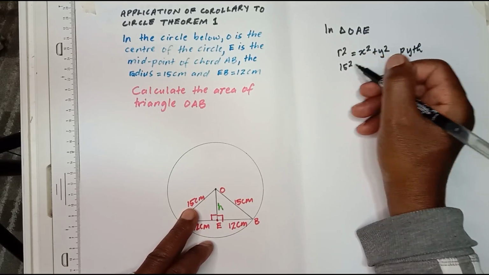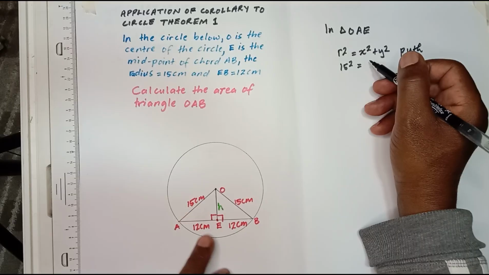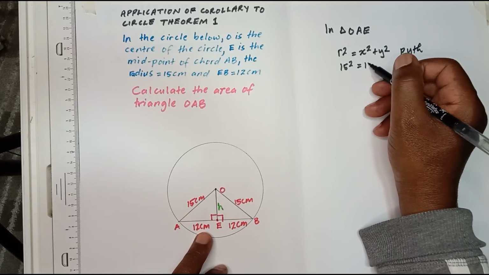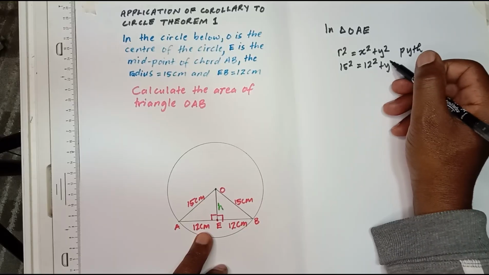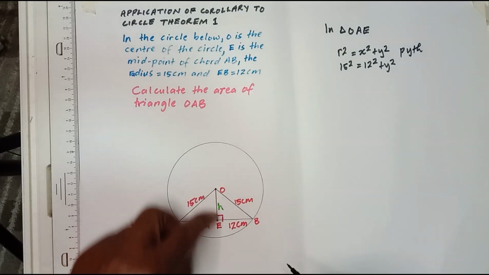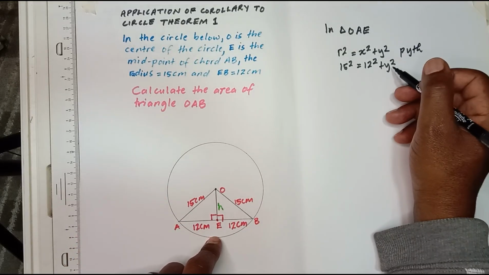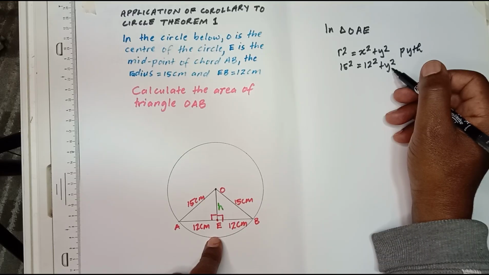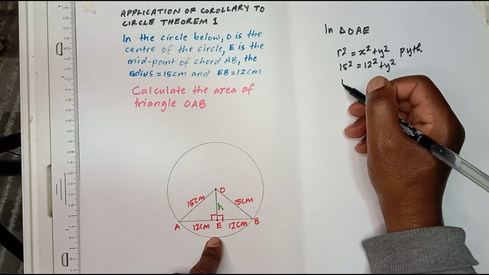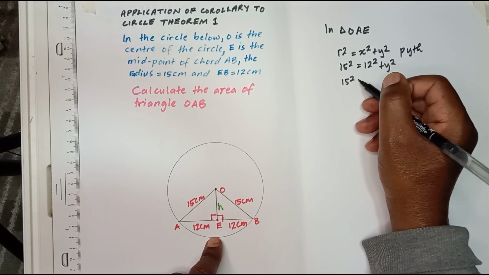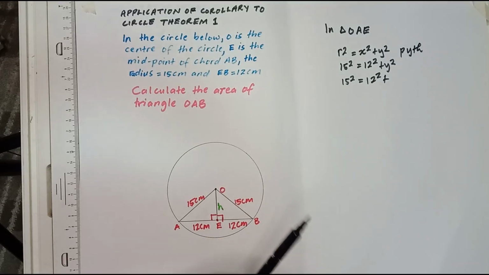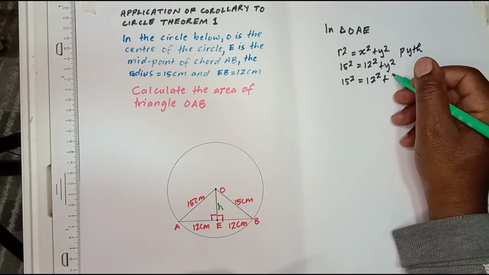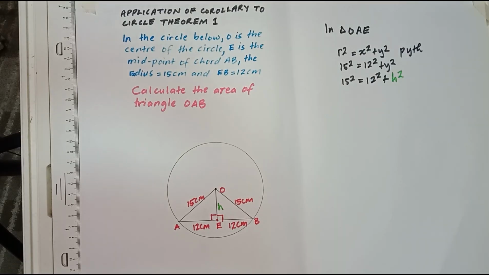So we say 15 squared equals x, our x is 12 centimeters, so it's 12 squared plus y squared. Y is going to be the h. So we can substitute and write 15 squared equals 12 squared plus h squared, because we are looking for h.